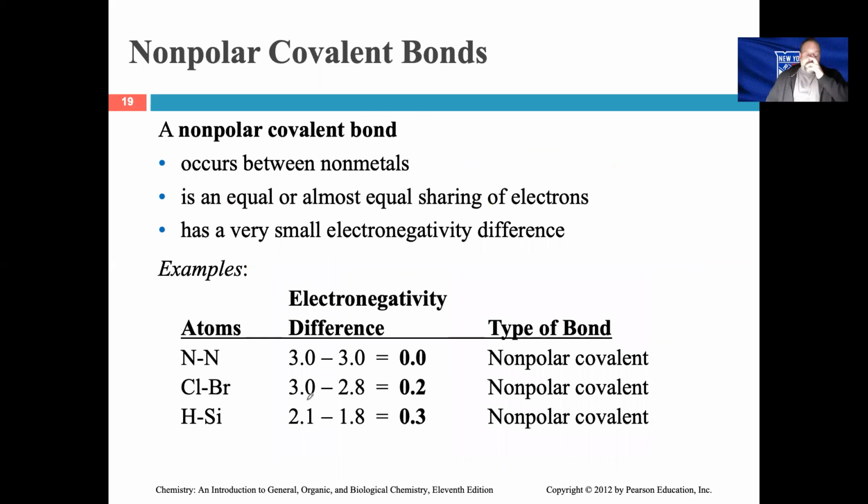Okay. So as I mentioned a little bit earlier, there are actually two types of covalent bonds that you come across. The first type are what are known as nonpolar covalent bonds. Just like any covalent bond, you would find a nonpolar covalent bond between two nonmetals. In a nonpolar covalent bond, you have either an equal or an almost equal sharing of electrons.